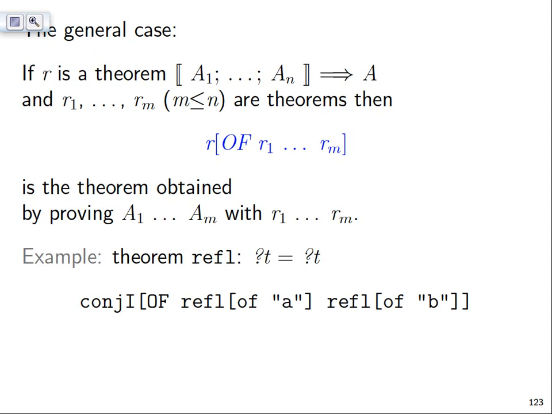B equals B, therefore A equals A, and B equals B implies A equals A. Implies that's B. Hang on, sorry.